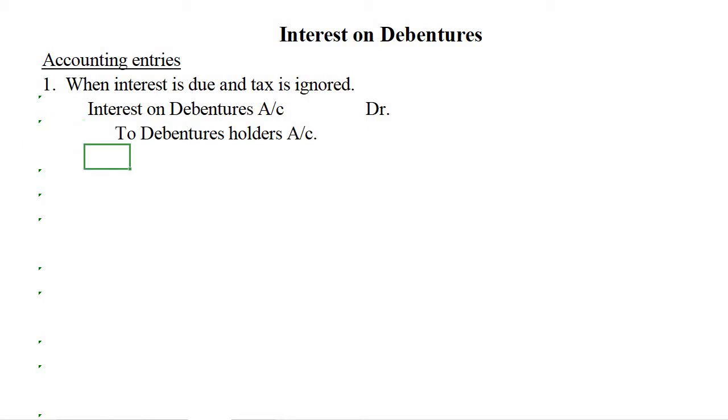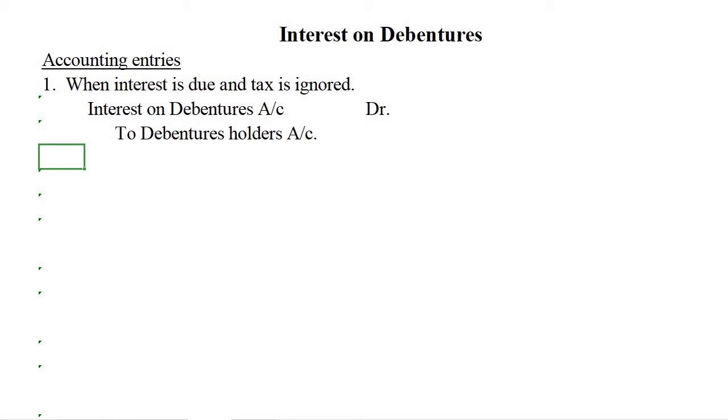So the journal entry will be interest on debentures debtor to debenture holders. Here tax is not considered. Instead of writing interest on debentures, you can write debenture interest account also. This is the due entry for interest on debentures, that means the journal entry at the time when the interest is due.